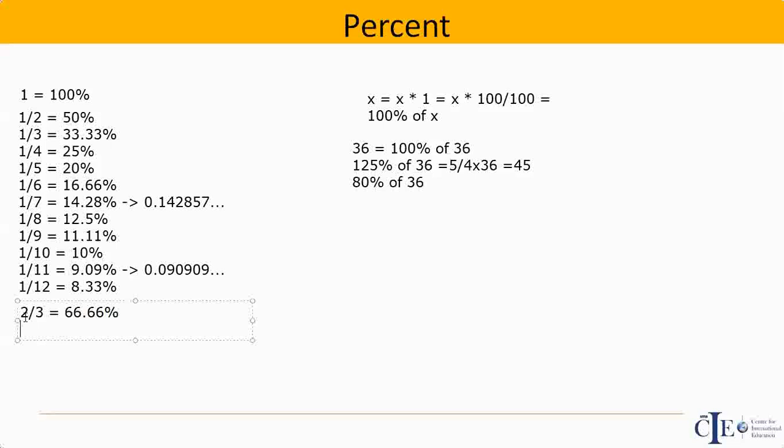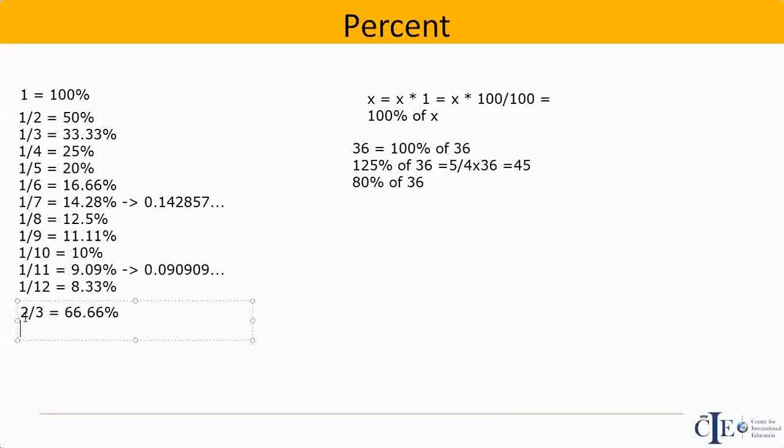1/5 is 20. Then 2/5 would be 40. 3/5 would be 60. 4/5 would be 80. Anything 5 on 5 or 4 on 4 would always be 100. So you can remember the other multiples of it once you know the base value. Now, interestingly, if you look at 1 by 6, which is 16.66, 2/6 actually reduces to 1 by 3 that we know, 33. 3/6 reduces to 1 by 2.